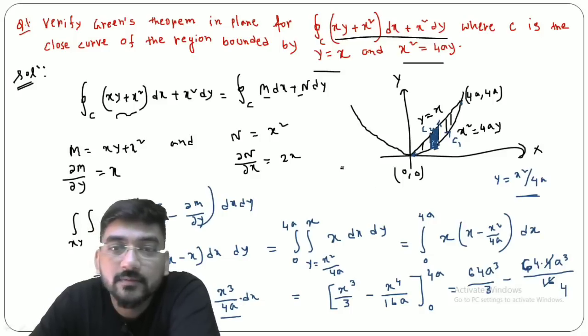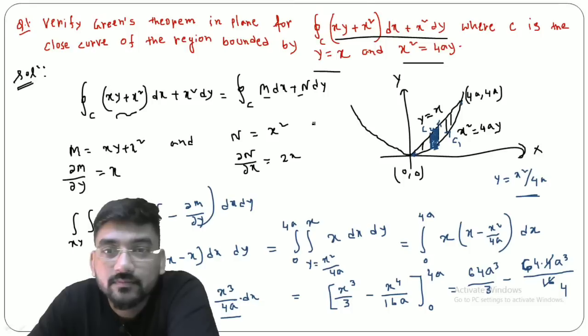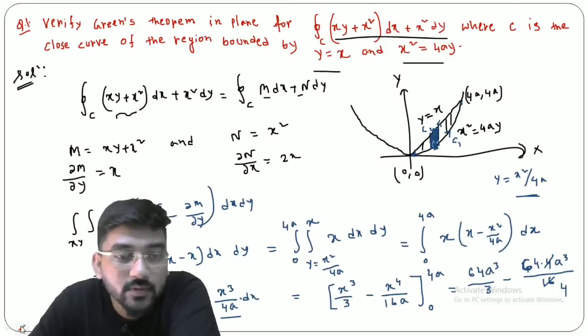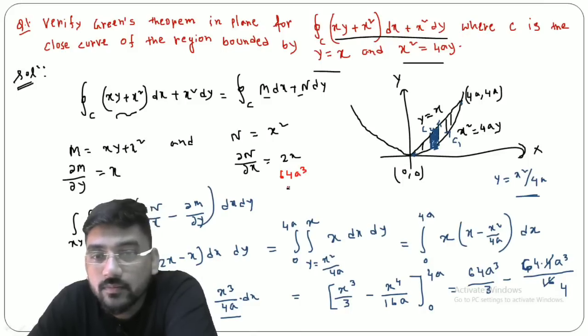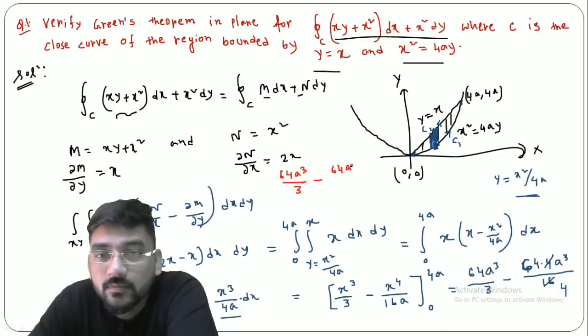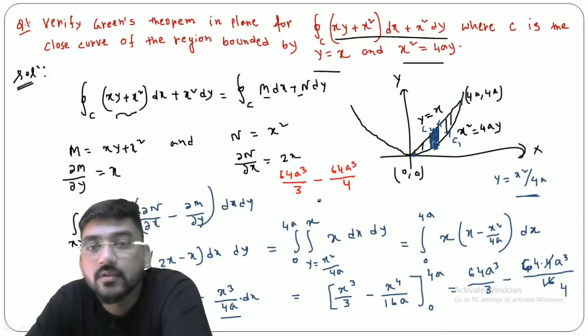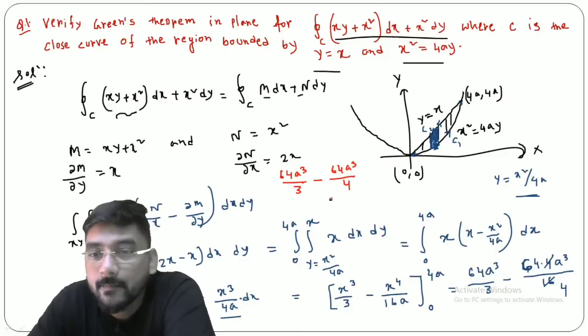So it will be 64a cube by 3 minus 64a cube by 4. Okay, so 12 will be the LCM here.